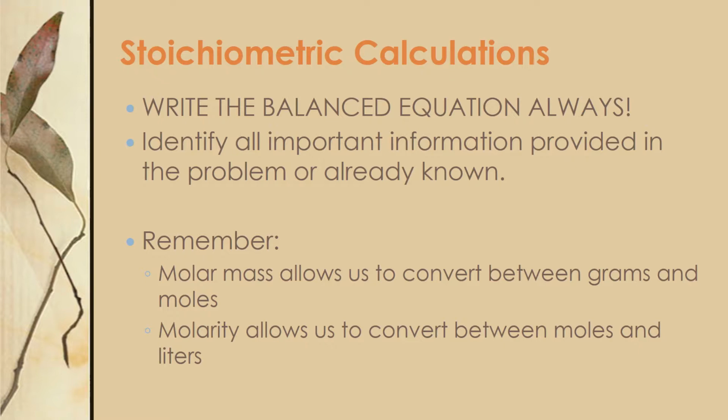This means identify things like pressure, volume, temperature. Identify moles or grams. Figure out what the given information is. A few things to remember. The molar mass allows us to convert between grams and moles, and the molarity allows us to convert between moles and liters.